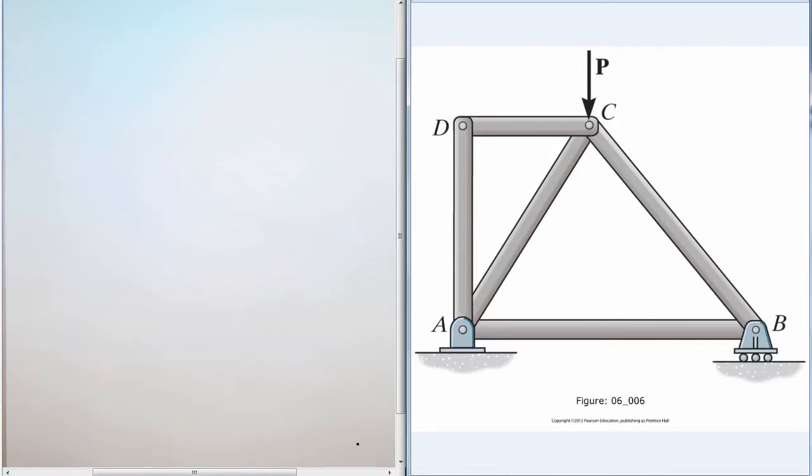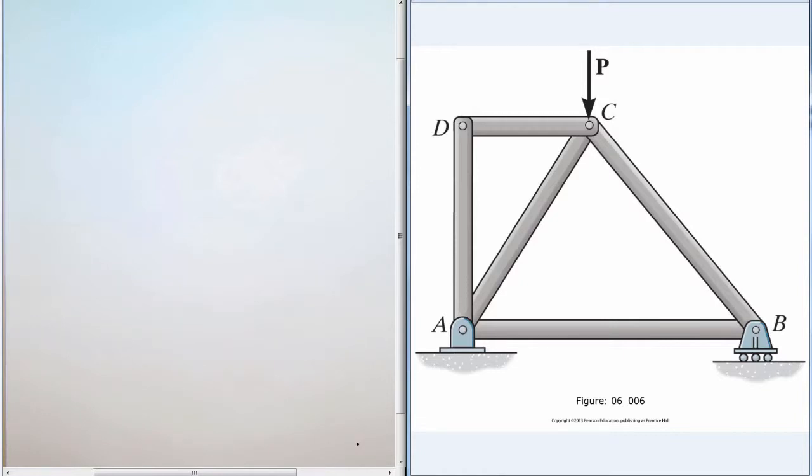And now to analyze these structures, we need to find the force in each member. We'll start our analysis with one technique called the method of joints. It's based on the thought that if the whole truss is in equilibrium, then every part of the truss is in equilibrium.